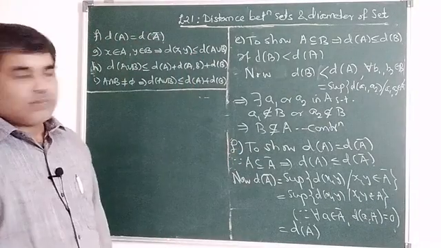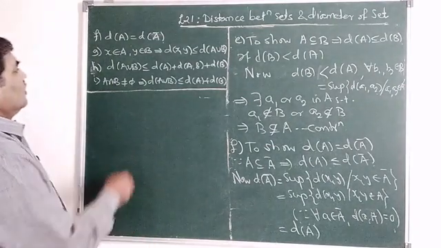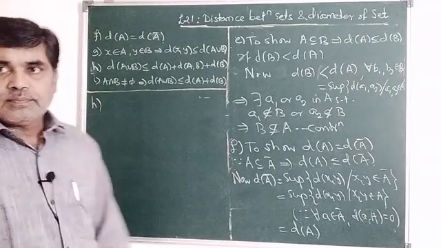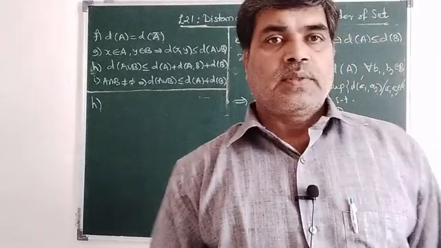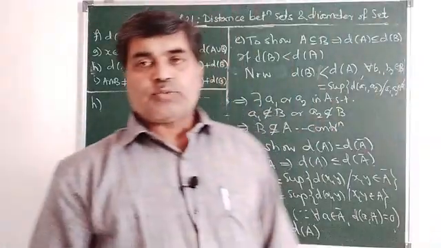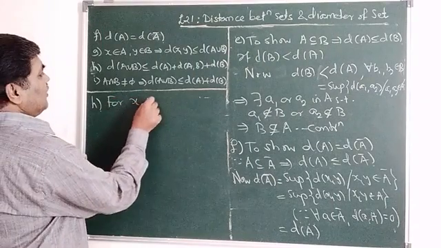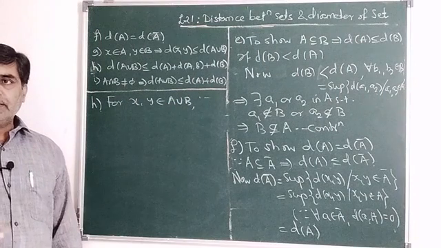F we have proved. Okay, we'll prove H first. For x, y belonging to A union B, how can I write this?